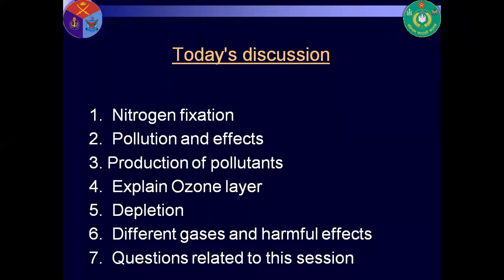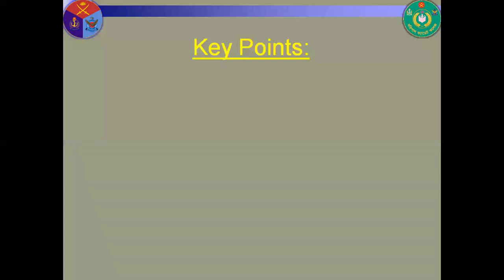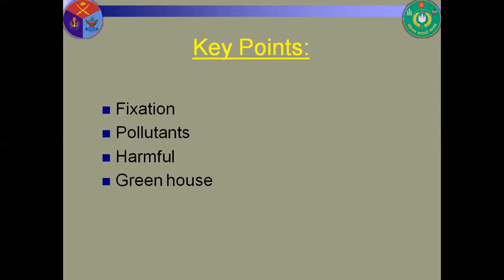Finally, we will discuss different types of questions related to this session. Key points of this lecture: fixation, pollutants, harmful effects, greenhouse gas, depletion of the ozone layer, then ozone.